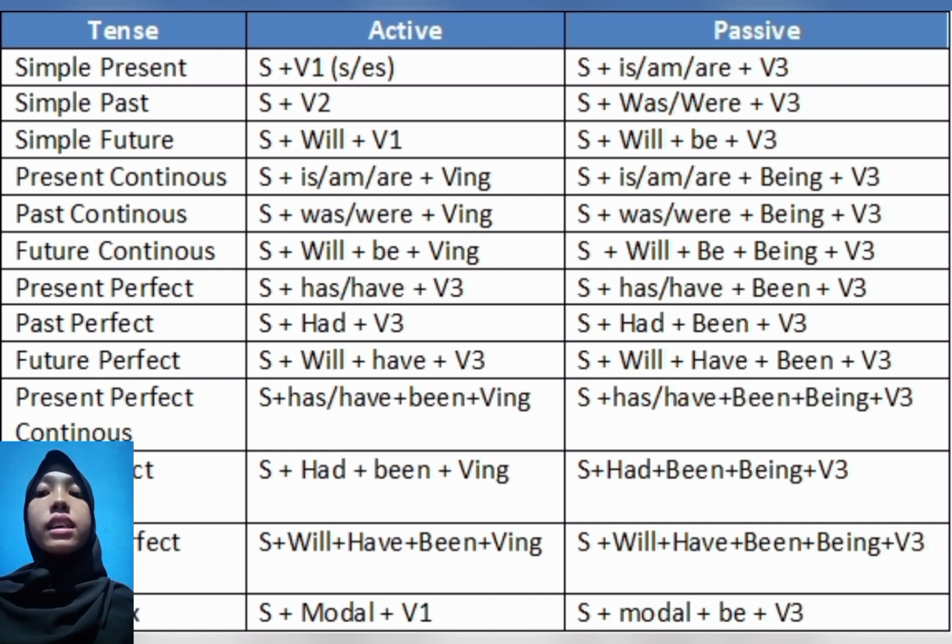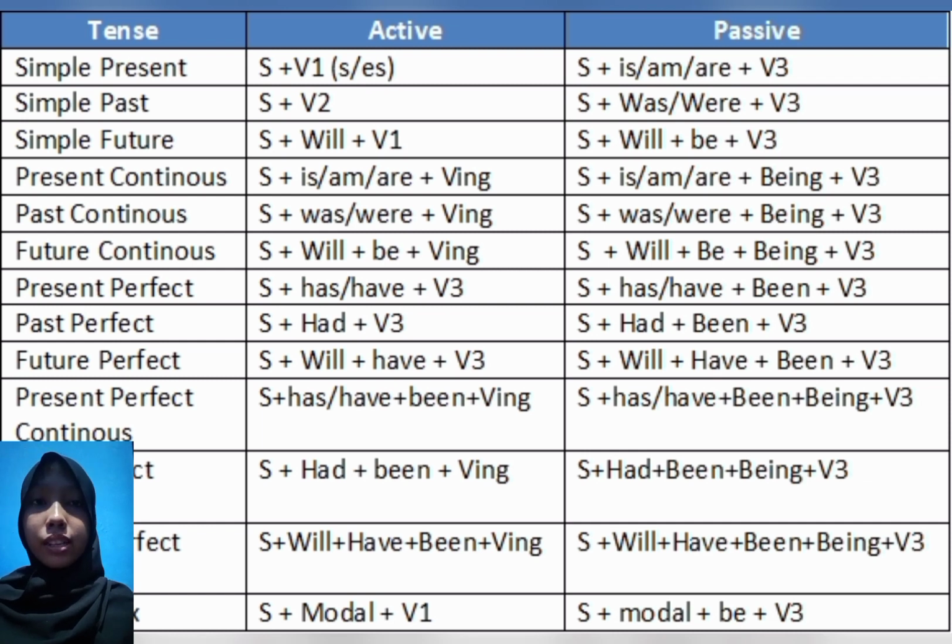Pattern passive: subject was or were plus being plus verb 3. Present perfect, pattern active: subject plus has or have plus verb 3. Pattern passive: subject plus has or have plus been plus verb 3.